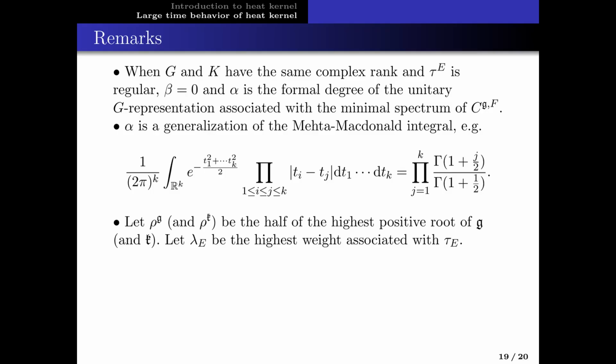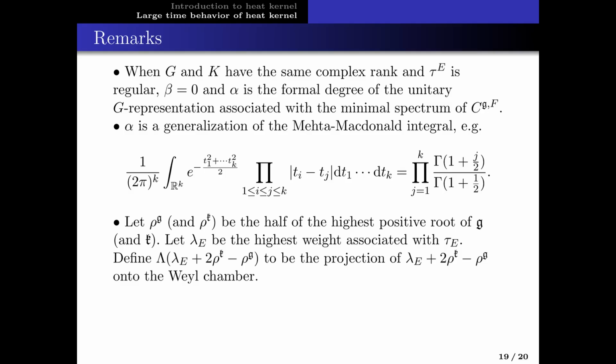We have to use rho G and rho K, the half sums of the positive roots associated to the root systems of G and K. And now, what do we observe in order to identify gamma? Lambda is the weight of our Lie algebra.